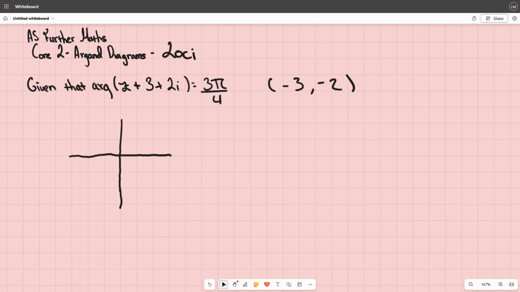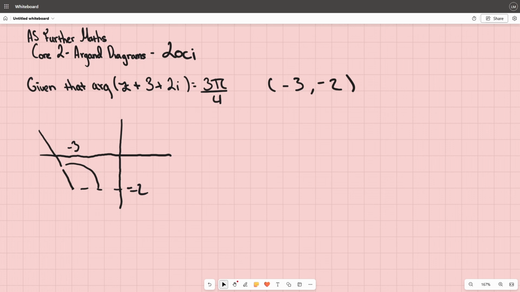So we have this point here at -3, -2, and it extends some way this way, because we know that the angle goes anti-clockwise, and 3π/4 is a big angle. So we know that it extends upwards to the left, because it's anti-clockwise from the positive real axis.